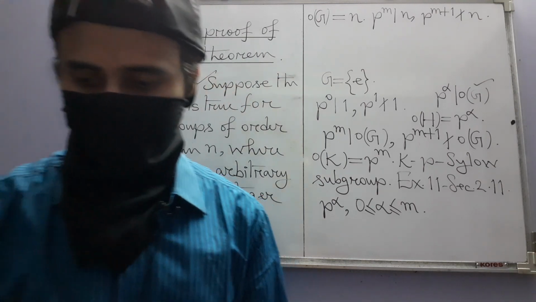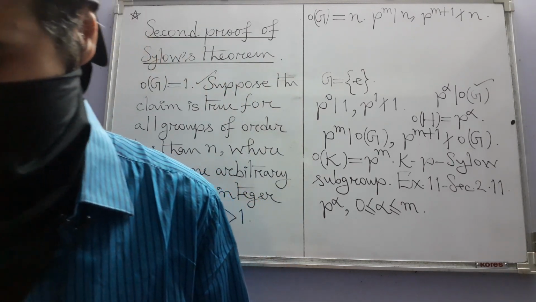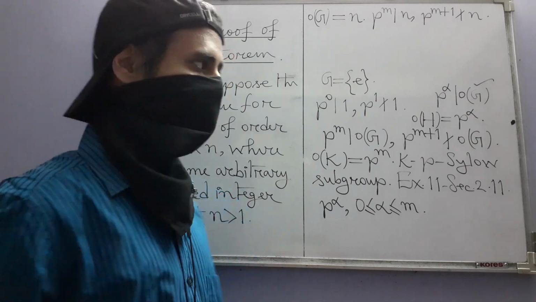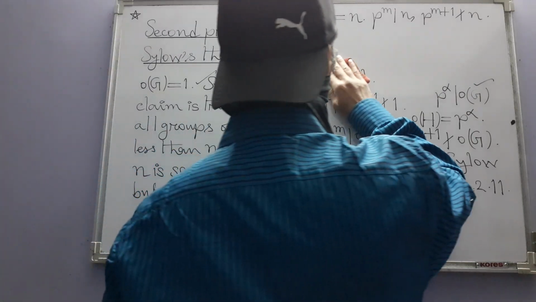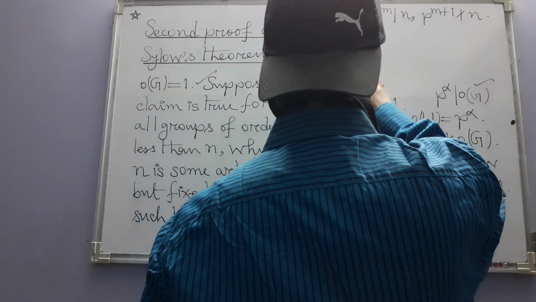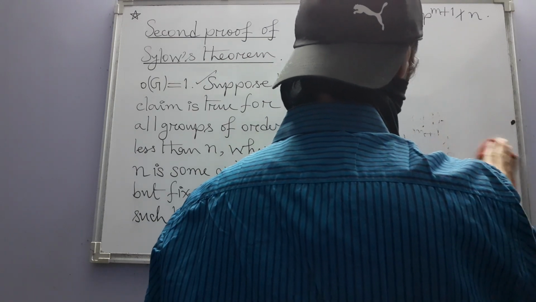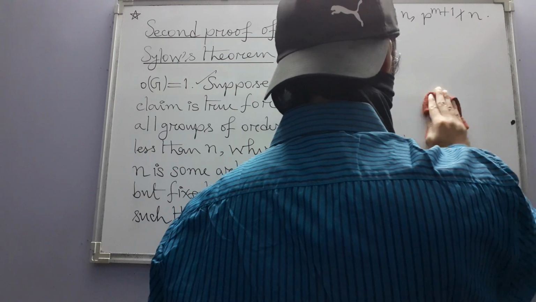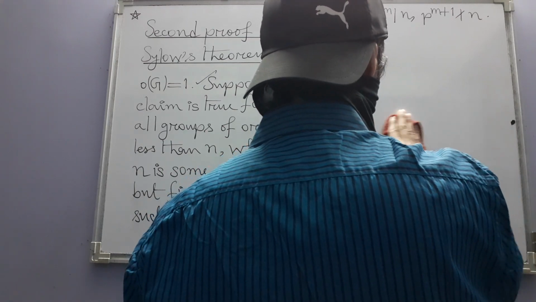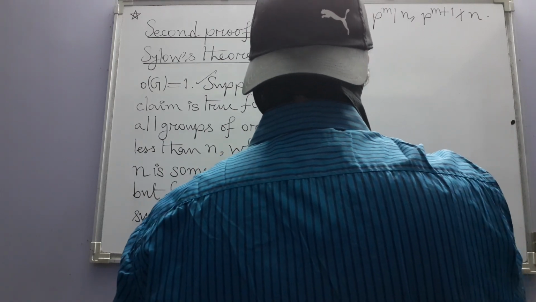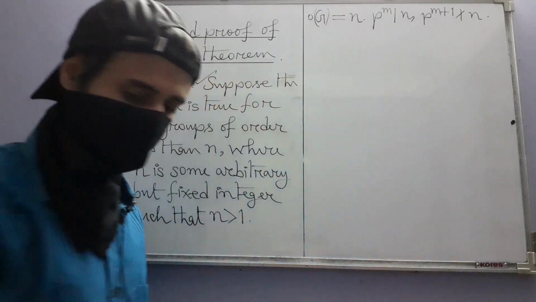Now in the beginning itself, in the beginning of this induction procedure, we are going to see one special case, which is, if it is true, then that's it, we need not go any further. And that special case is this.